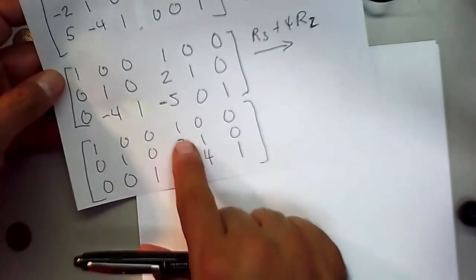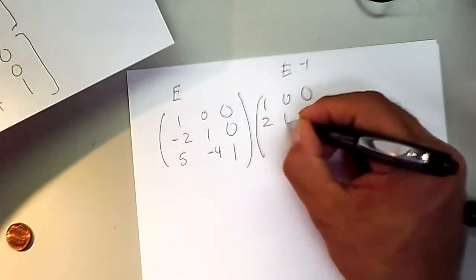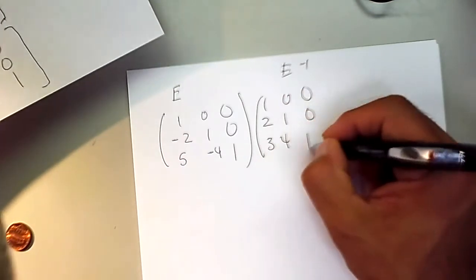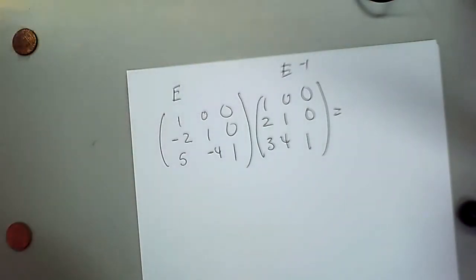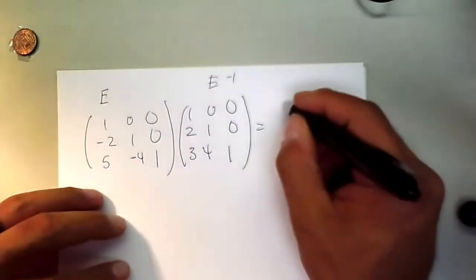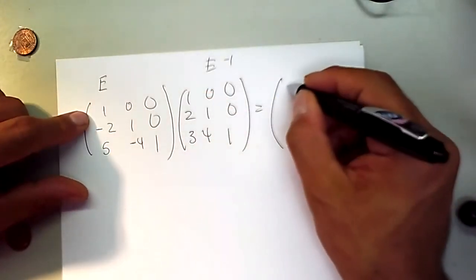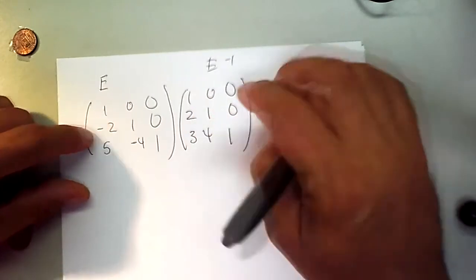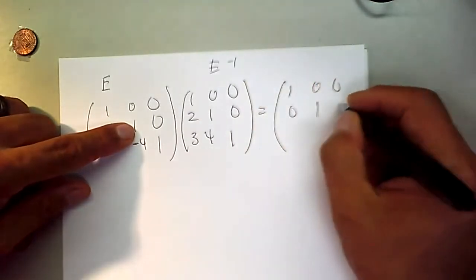The inverse would be this guy, 1, 0, 0, 2, 1, 0, 3, 4, 1. Did we find the inverse? Well, that's easy to check. We can multiply out. 1, negative 2 plus 2, 1, 0.